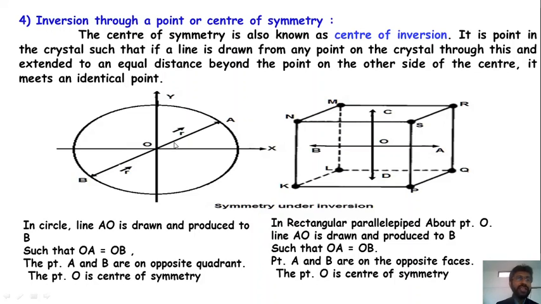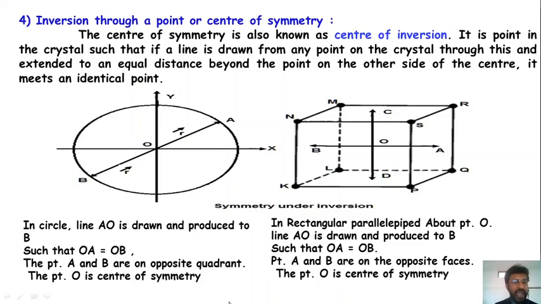If OA is produced in the opposite direction through this point O, the center of inversion, then it meets the point B. Therefore, here OA is equal to OB.